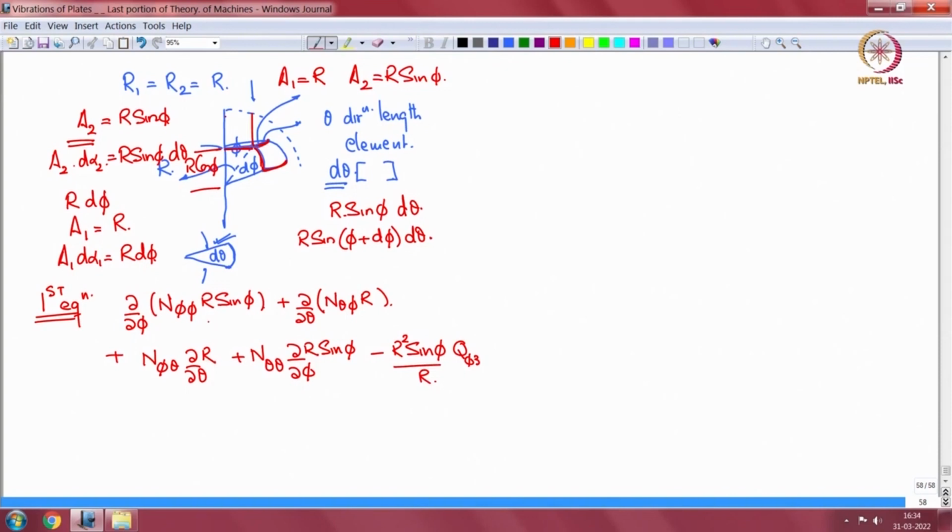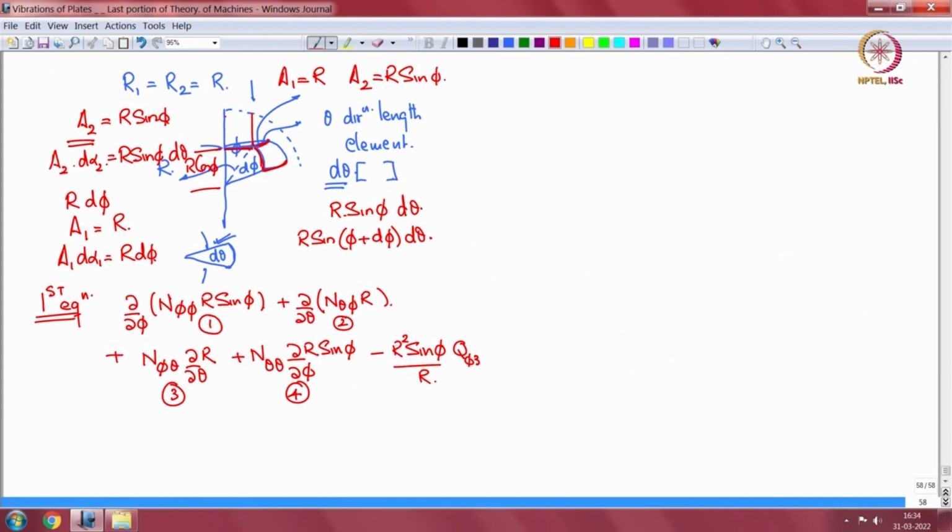The first term, and theta phi is the second term, then n phi theta is the third term, then this is actually the fourth term, n theta theta is the fourth term, then q phi 3.